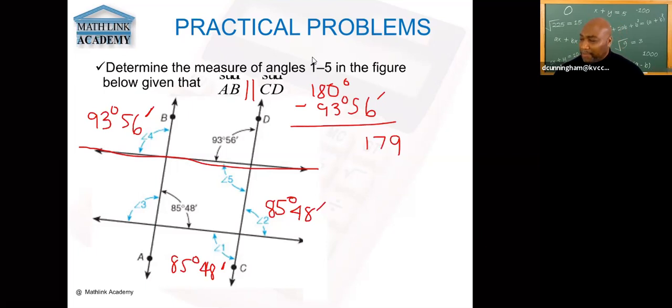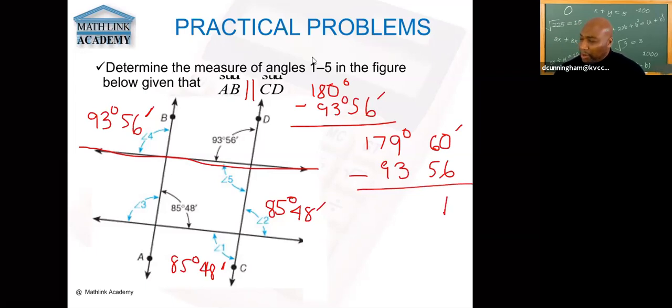This is on the top. And we know 60 minutes equals 1 degree. So this becomes 60 minutes because there's nothing above the 56. And remember in subtraction, we've got to have the bigger number on top. Minus 93, 56. So let's do our math.